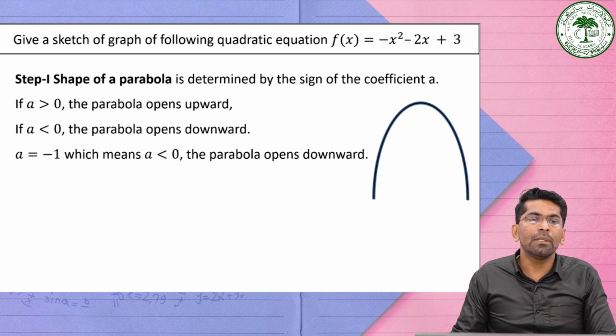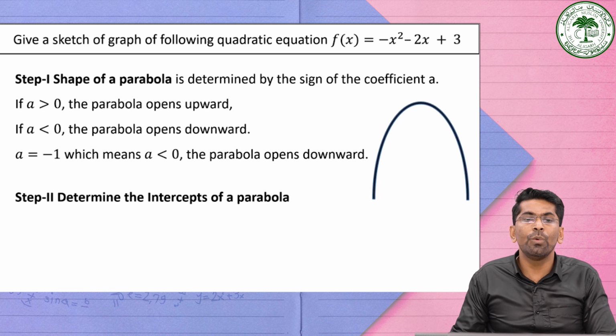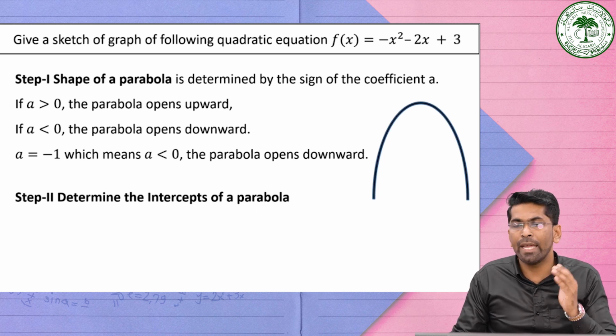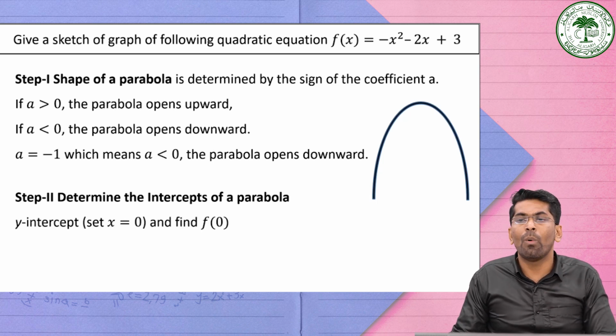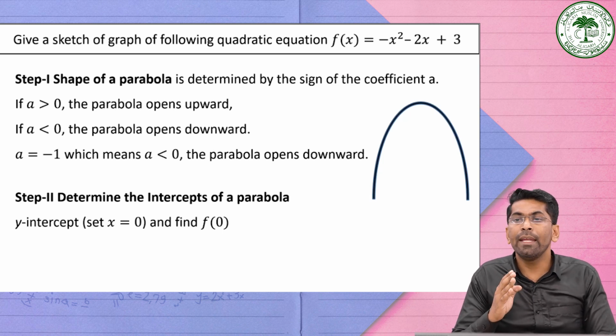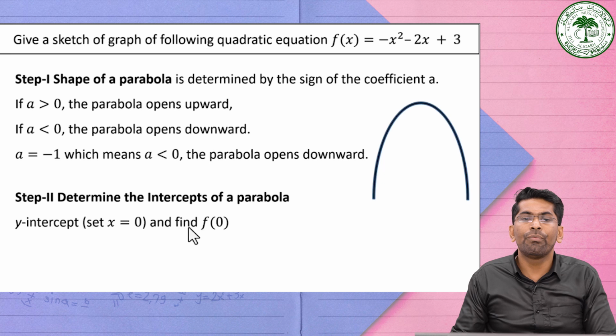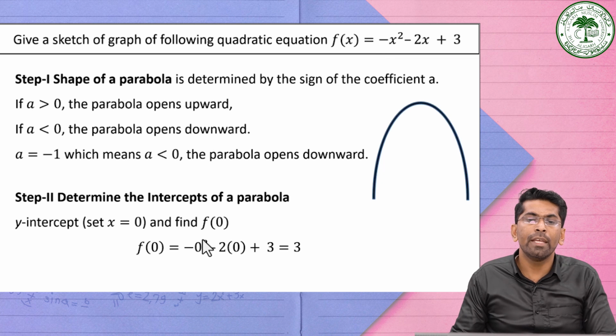Now, after finalizing the shape of the parabola, the second step is to determine the intercepts of the parabola, that means the x-intercept and y-intercept. The y-intercept is the point where the graph intersects the y-axis, and it occurs when x is equal to 0. So we put x equal to 0 and find the value of f of 0.